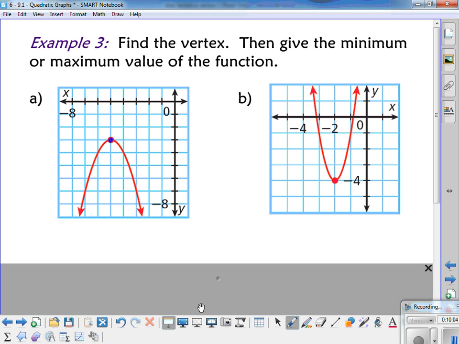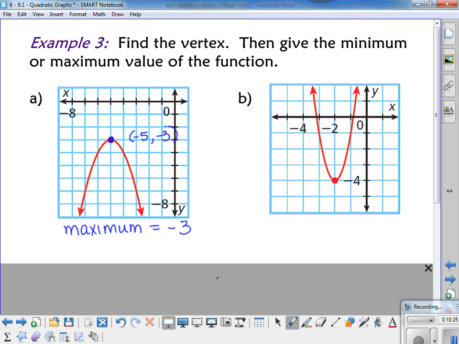Right, I'm looking for the point that's the top up here. So yeah, that's at -5, -3. And is that a maximum or a minimum? It's a max because it's a high point, right? And so then the maximum value of the function is just the y coordinate, or -3.